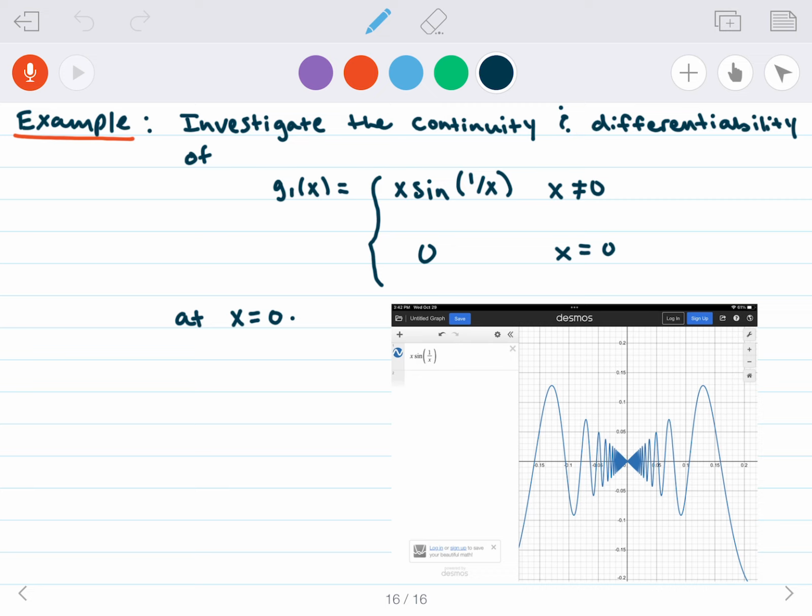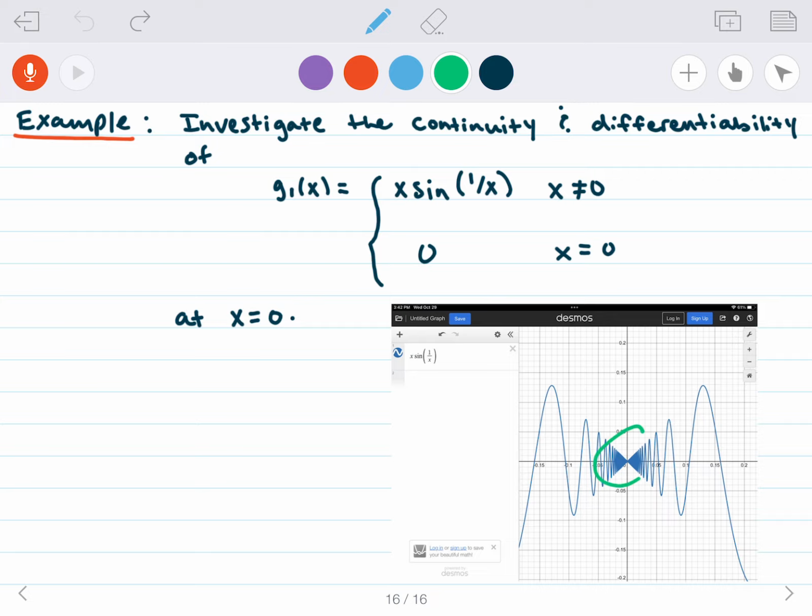Now we want to investigate whether or not this function is differentiable and continuous again at x equals 0. And this time, it's a little bit different because we have a factor of x in the front. And it turns out that that factor of x is actually going to make this thing continuous at x equals 0. So that's kind of interesting. So I'm claiming that this guy is continuous at x equals 0.